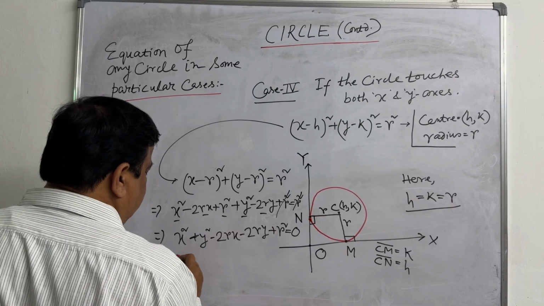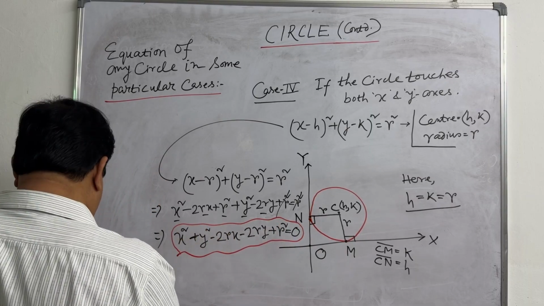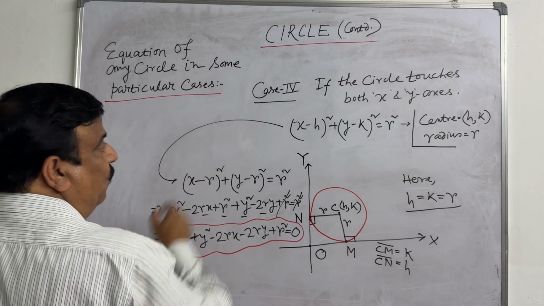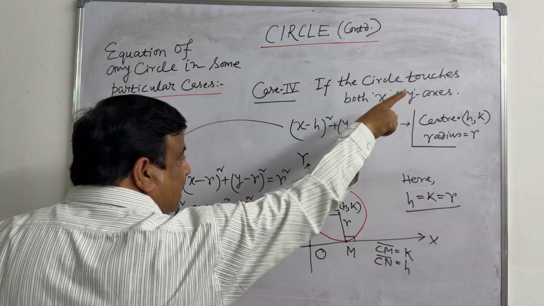This is the equation of the circle mentioned in case 4, when the circle touches both the axes.